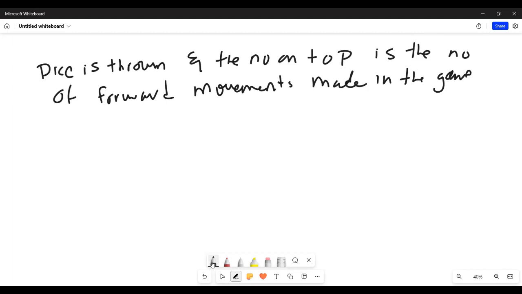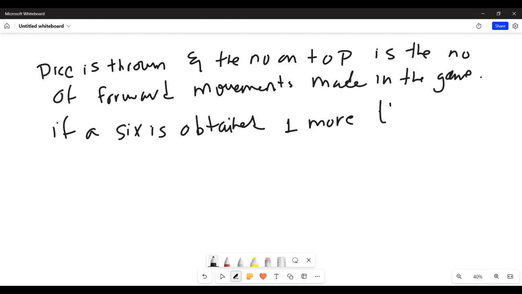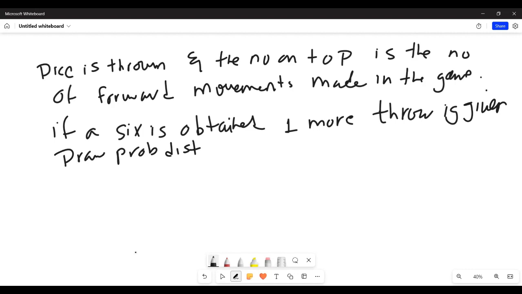If a 6 is obtained, one more throw is given. Draw the probability distribution table for the number of forward movements.